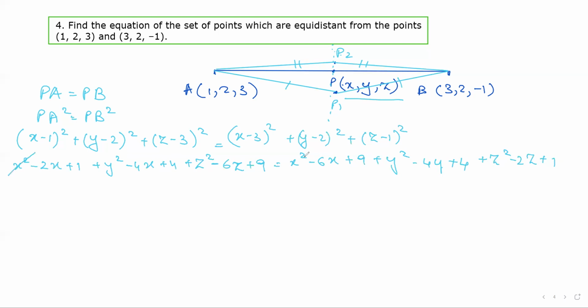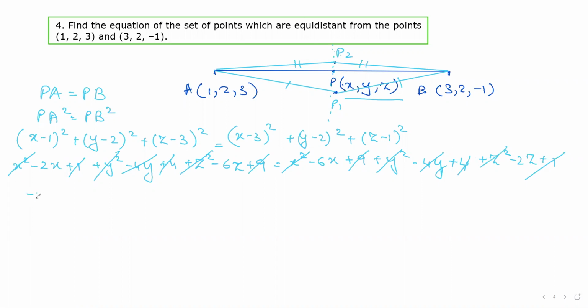So x square gets cancelled with x square, y square gets cancelled with y square, 1 gets cancelled with 1, minus 4y cancelled with minus 4y, 4 gets cancelled with 4, 9 gets cancelled with 9, z square gets cancelled with z square. What are you left with?